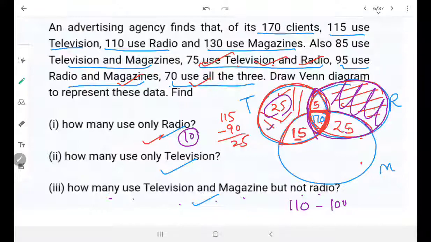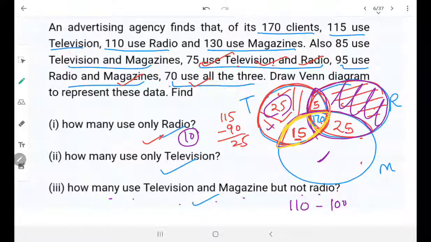How many use television and magazine but not radio? Television and magazine are these ones. But if you see here, some of the people are included who are studying magazine. This part is in magazine. So we just want television and magazine, but not radio.